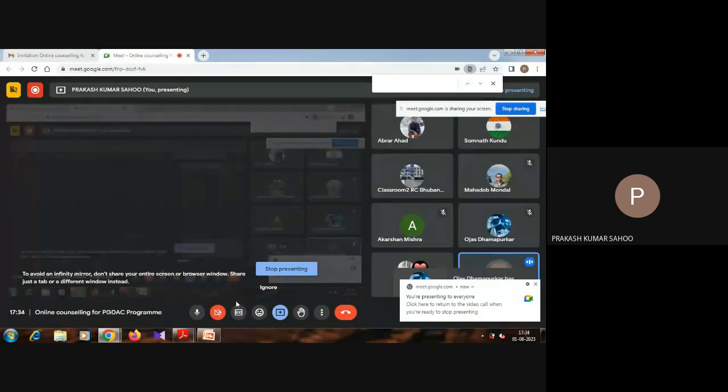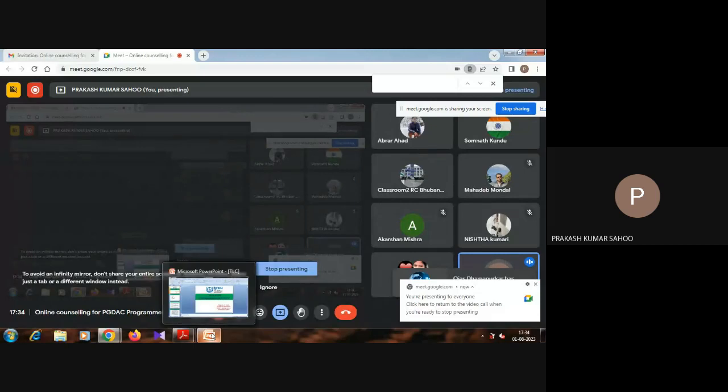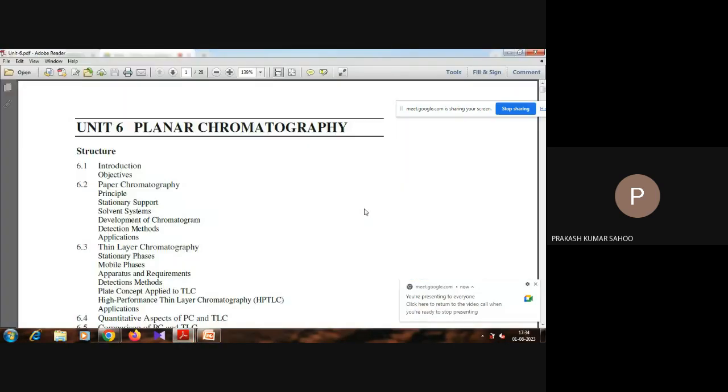I think my screen is shared now, and we have this unit today, that is unit 6, planar chromatography. So in this part we will discuss the stationary phase as a solid.